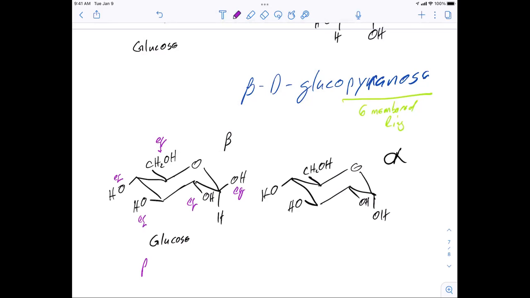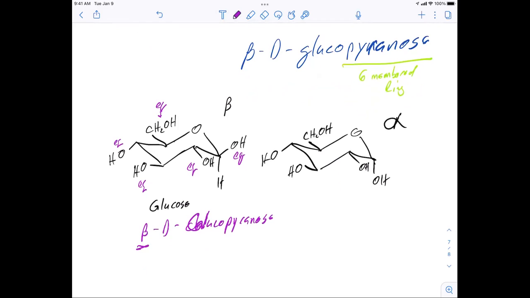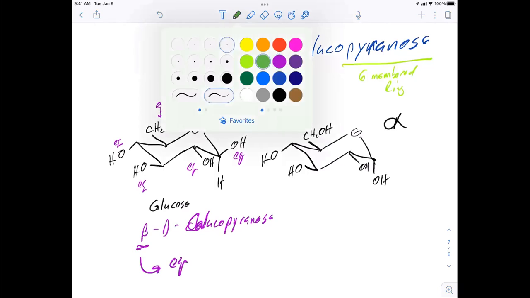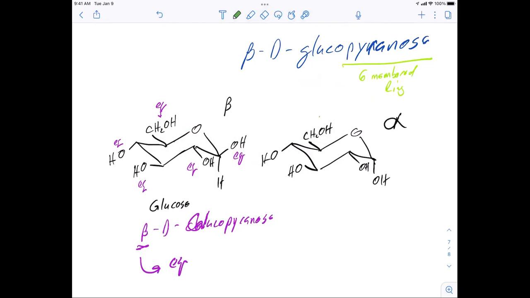So when we look at the beta-D-glucose, everything on the beta is in the equatorial position. When we look at the alpha, again, we have equatorial, equatorial, equatorial, equatorial, but where's my OH at that alpha position? Well, it's axial, right?